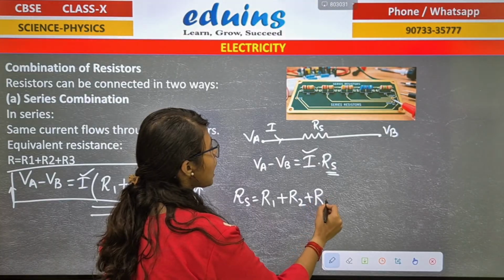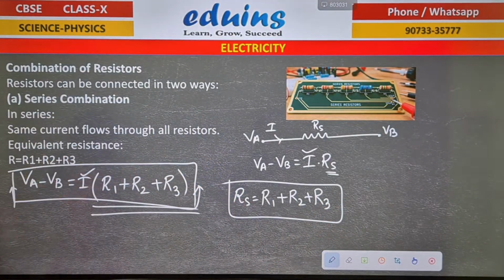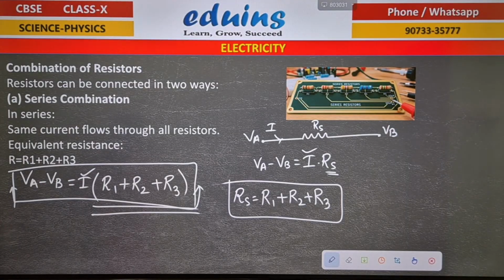So this is the derivation. From here we get that by adding up the three resistors, we can get the equivalent resistance of the series combination. For a series combination, the equivalent resistance is the addition of all the resistors.